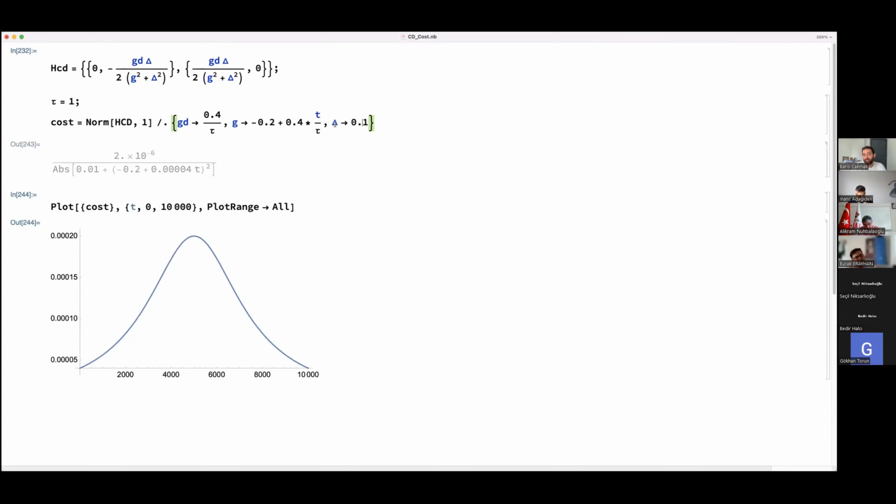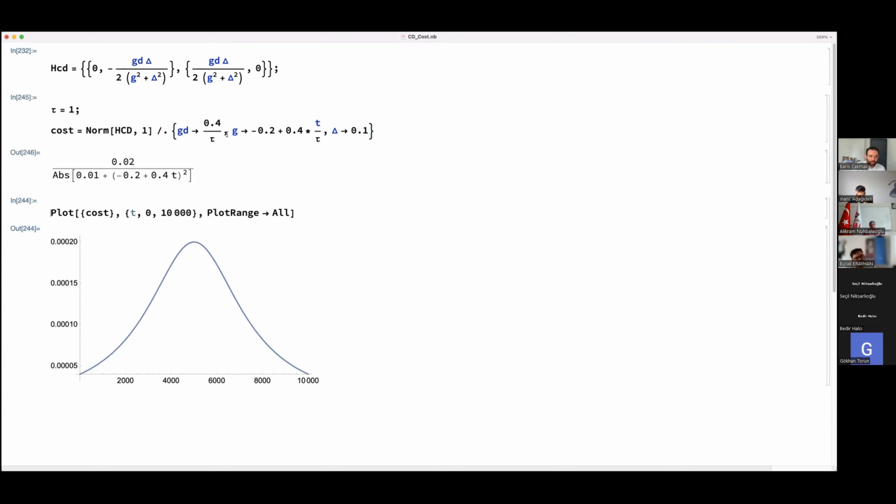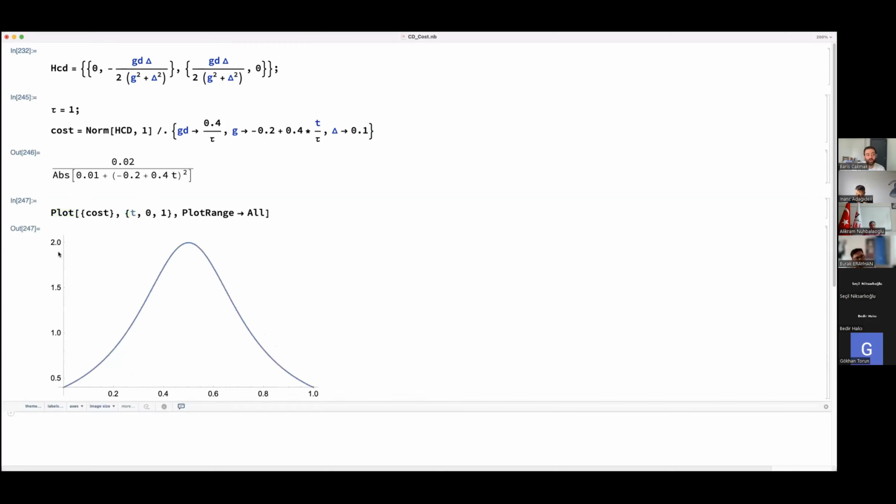This gap is also important, the minimal gap point. Remember, when tau is equal to 1 and the minimal gap is 0.1, the maximum value of the instantaneous cost is around 2.